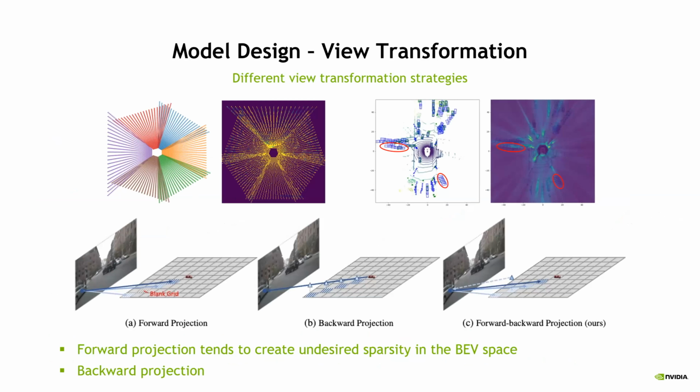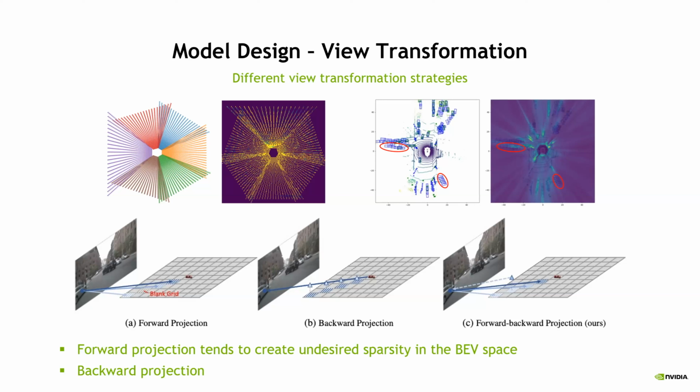Now the pros and cons of forward projection and back projection. With forward projection, the good thing is we start from camera pixels and project the features into the BEV space.